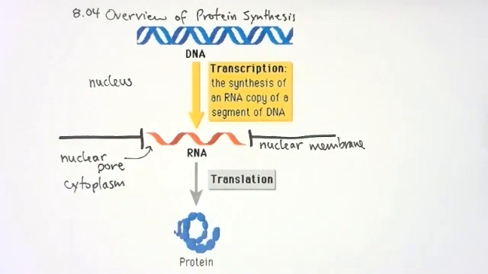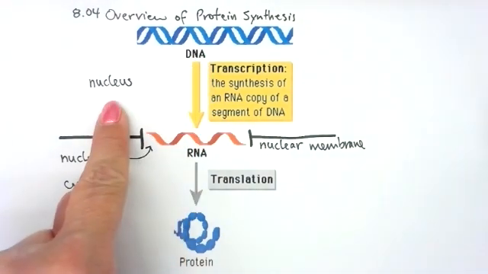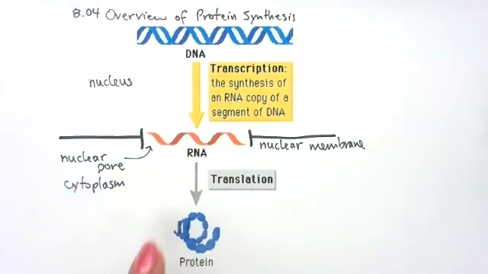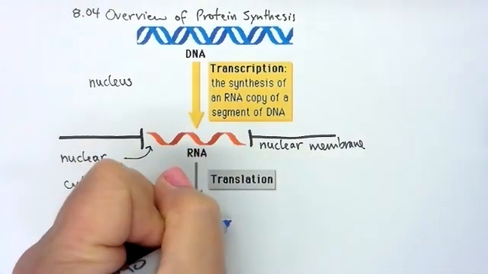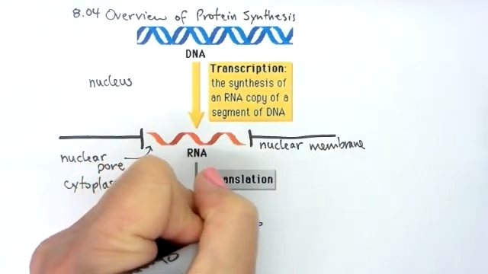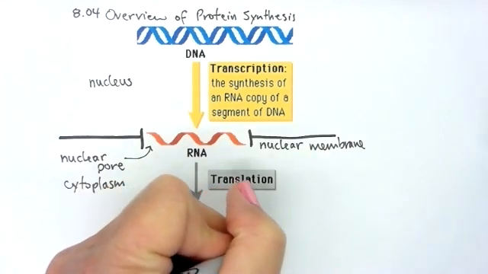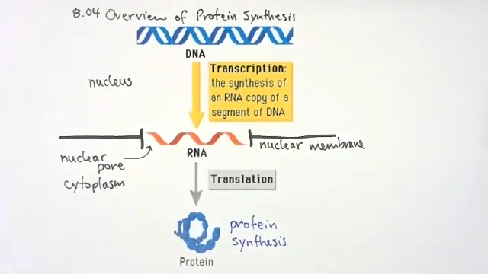So if you remember, DNA is, of course, found in the nucleus. Well, here's the thing. DNA cannot get through nuclear pores. Protein synthesis, what we have out here, takes place in the cytoplasm.